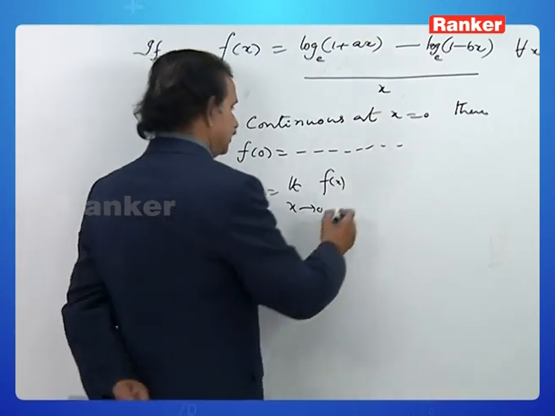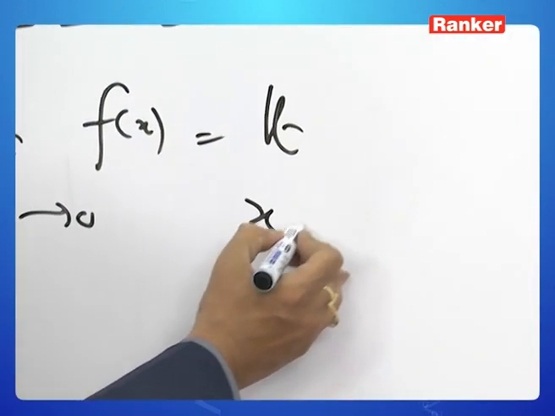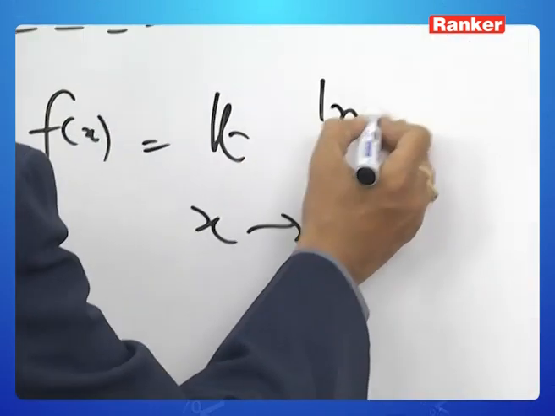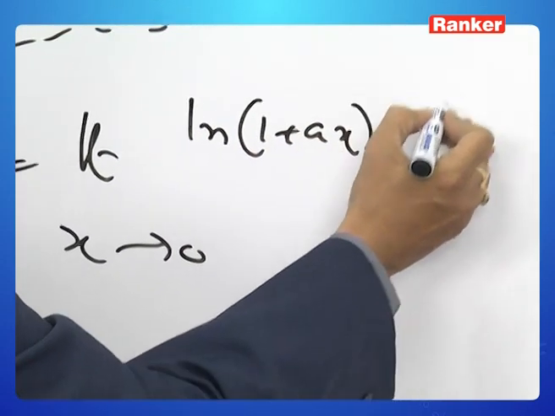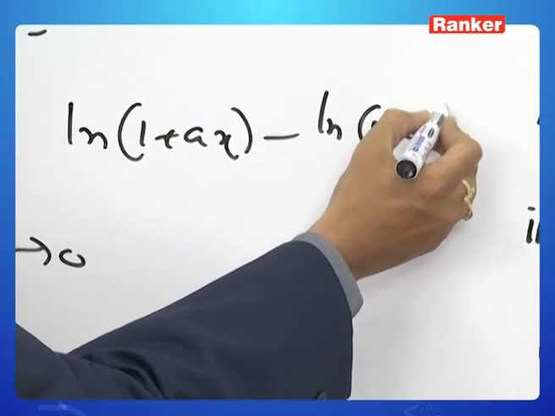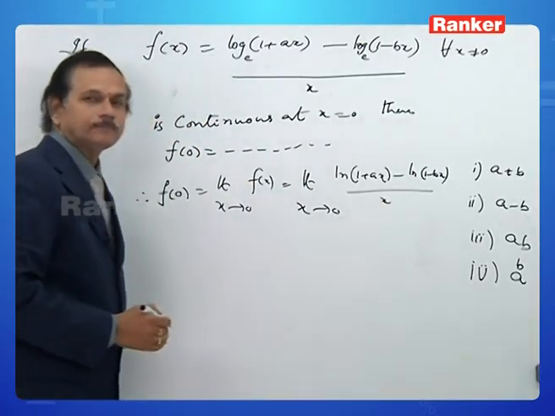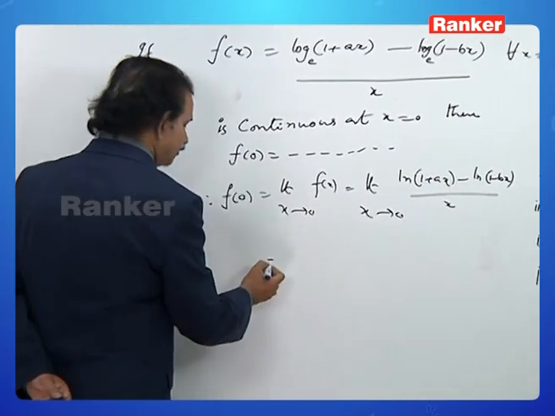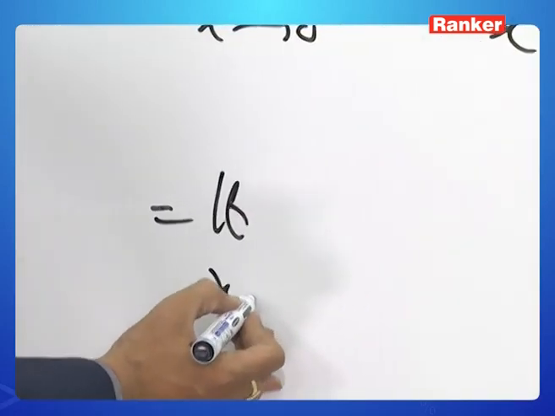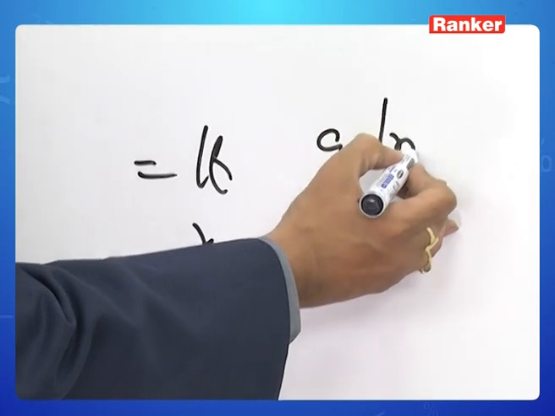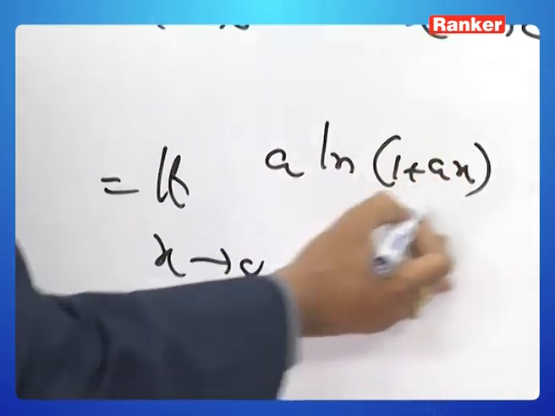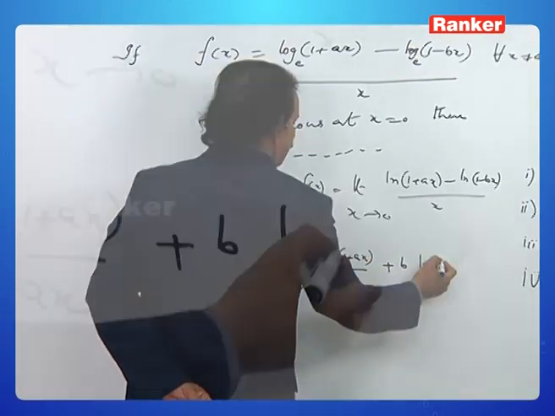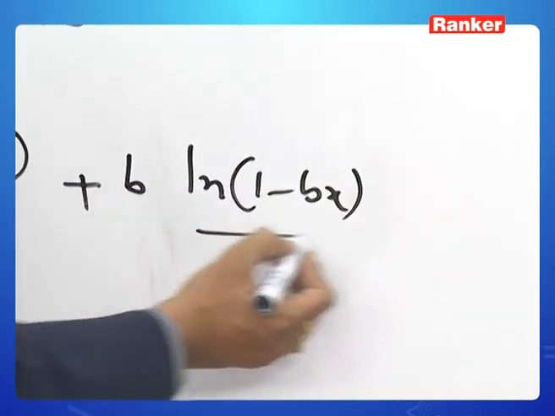Okay. This is equal to limit as x tends to 0. Come on, friend. What is f of x? It has been given that ln 1 plus ax minus ln 1 minus bx by x. Now, let me split that into two things. Is equal to limit as x tends to 0 a into ln 1 plus ax by ax plus b into ln 1 minus bx by minus bx.